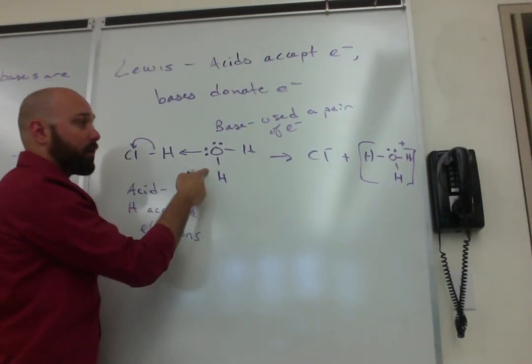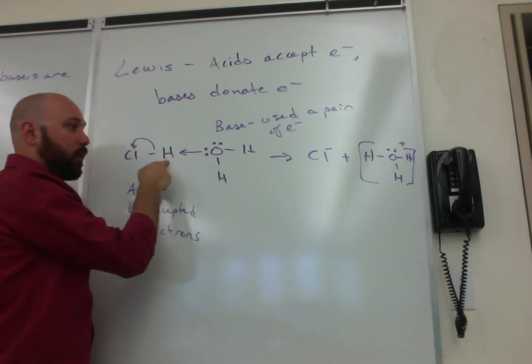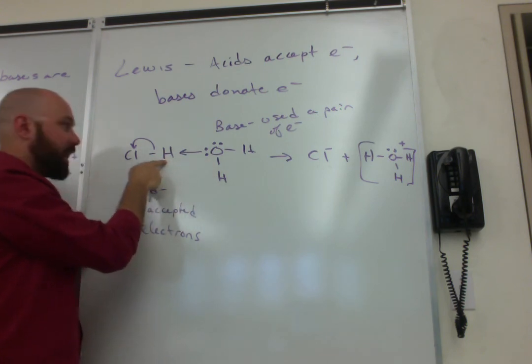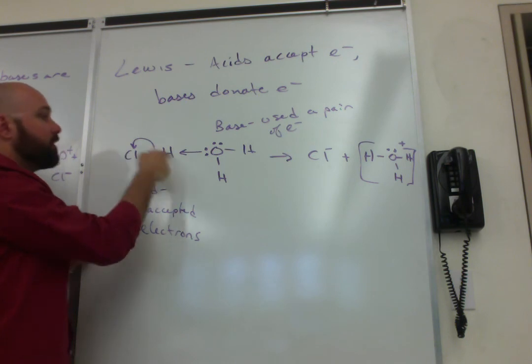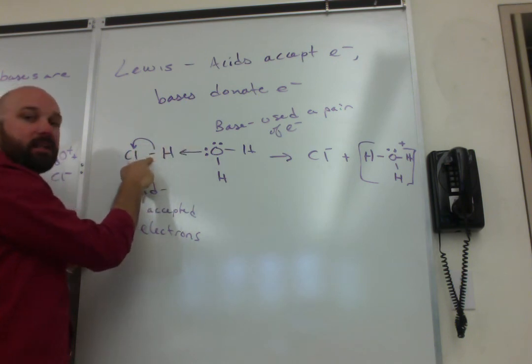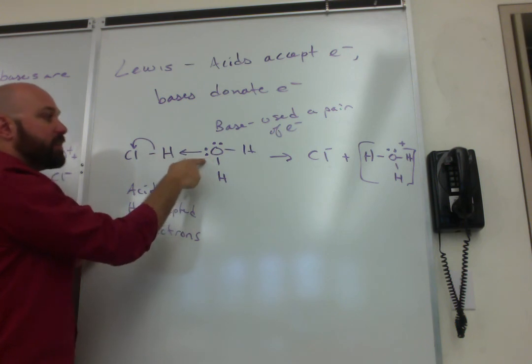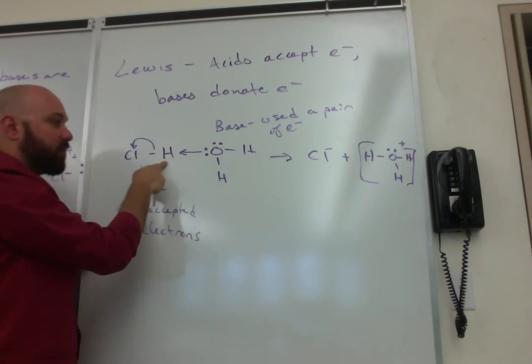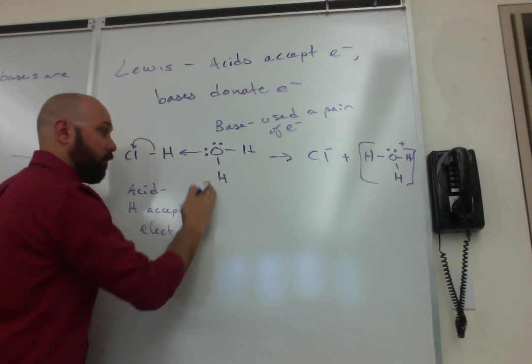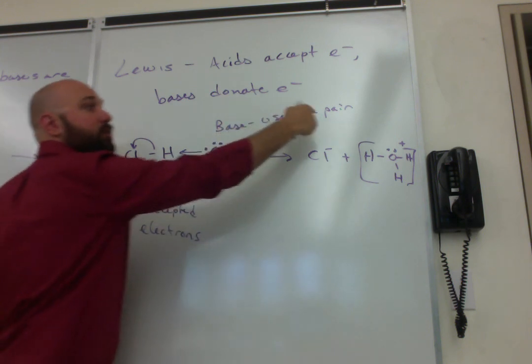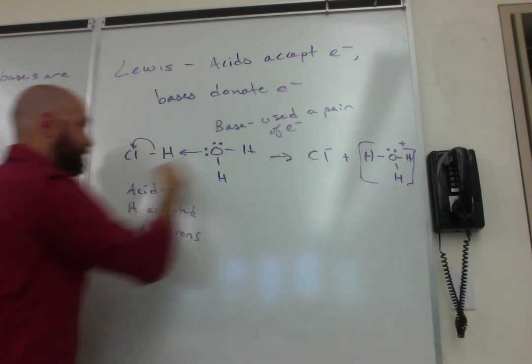Here, water donates a lone pair of electrons to take the hydrogen from the HCl. The bonded electrons now go on to the chlorine. So oxygen is donating a pair of electrons. That makes water the base. It used a pair of electrons.